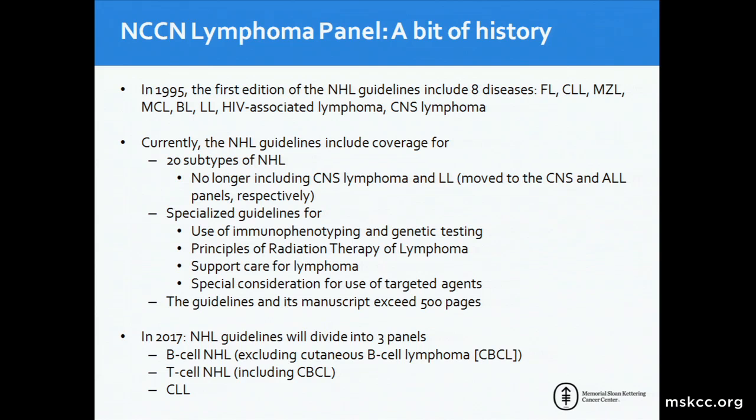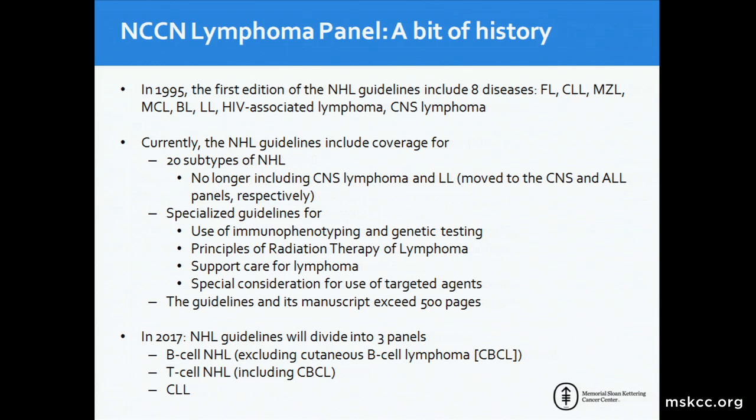We also have specialized guidelines to aid in diagnosis and use of genetic testing. We have specialized guidelines in the use of radiation therapy, supportive care for lymphoma, and special consideration for use of targeted therapy. The guidelines and manuscript exceed 500 pages. It's not sort of light evening reading.